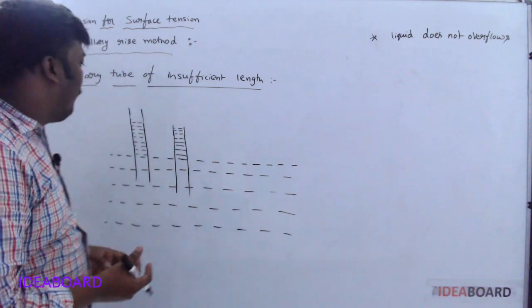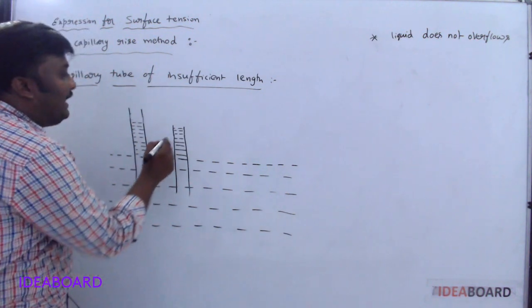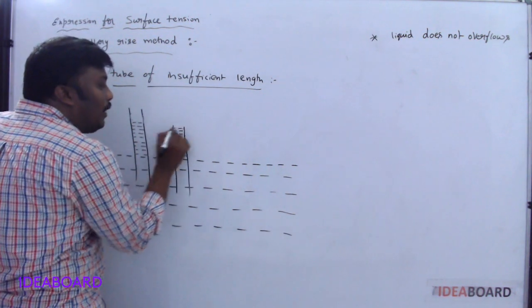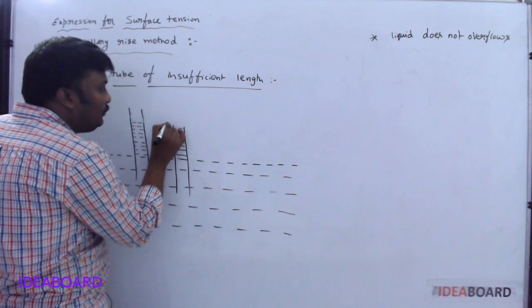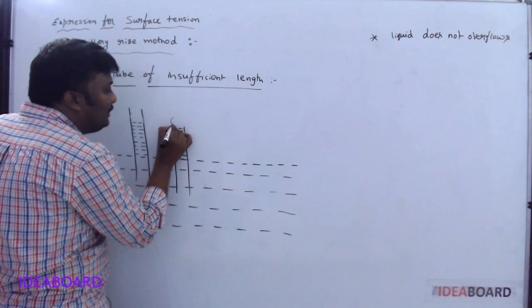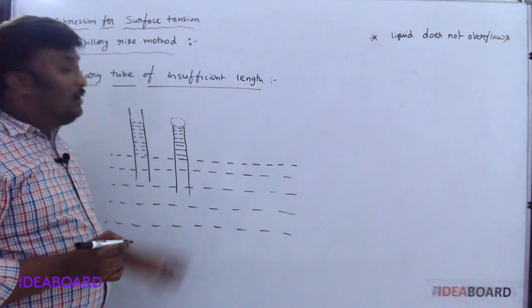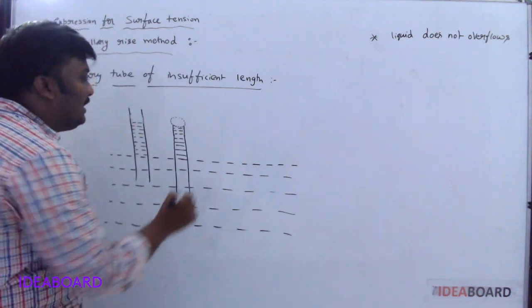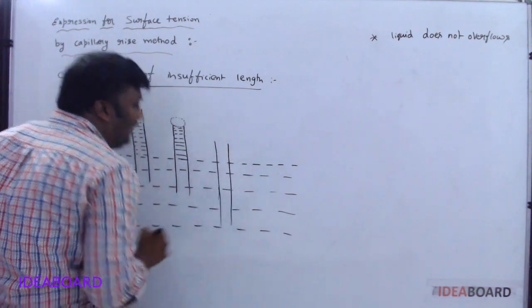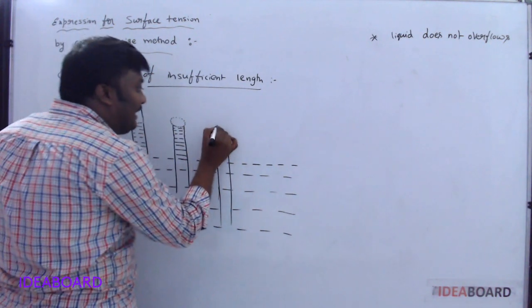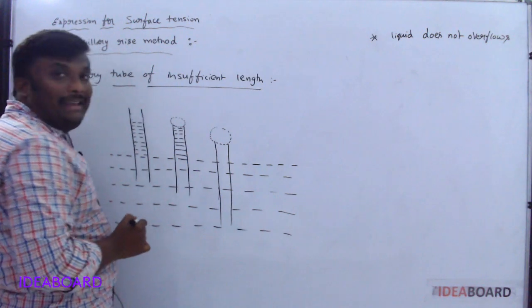Sir, if water does not overflow, but you said it is of insufficient length, then what happens? Here, a small liquid drop will be formed, but it does not come outside or overflow. If the length is much less, not sufficient, then the size of the liquid drop increases.